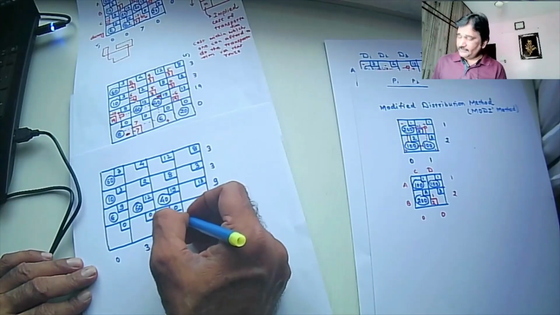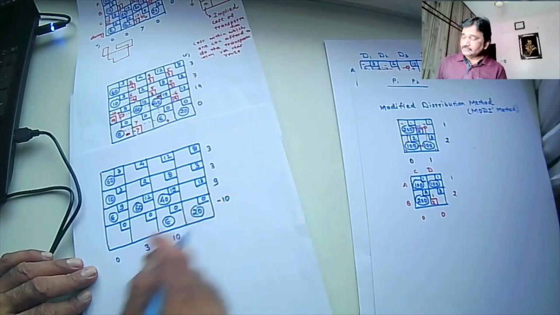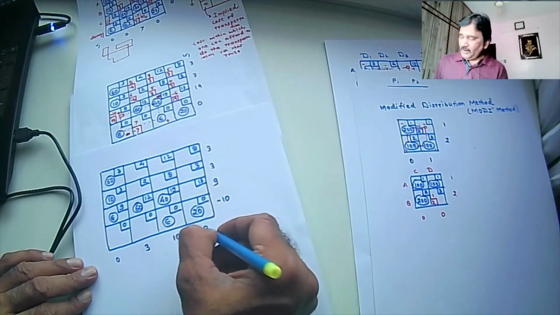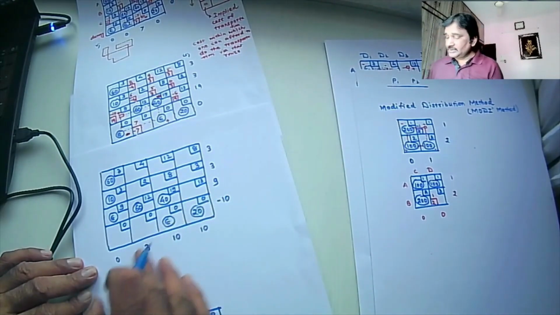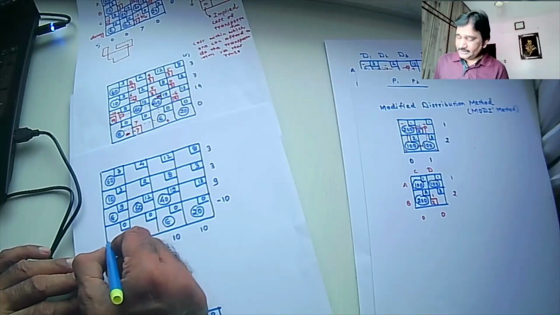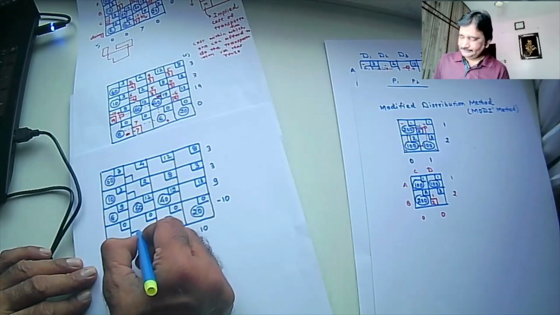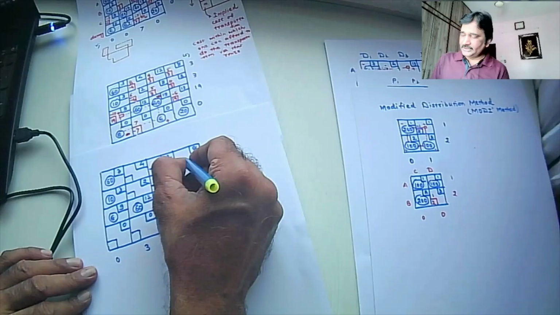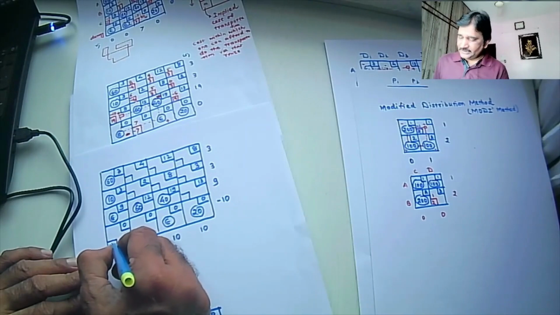Now from this number, we will be getting this number, because 0 minus 10, I'll get minus 10 here. And from this I'll be getting this number, 0 minus minus 10, 10 here, or this plus this should get you this number. Now that you have got all row numbers and column numbers, write them in the empty cells. In all the empty cells you write them, only empty cells you do it. 0 minus 10, you get minus 10 here.